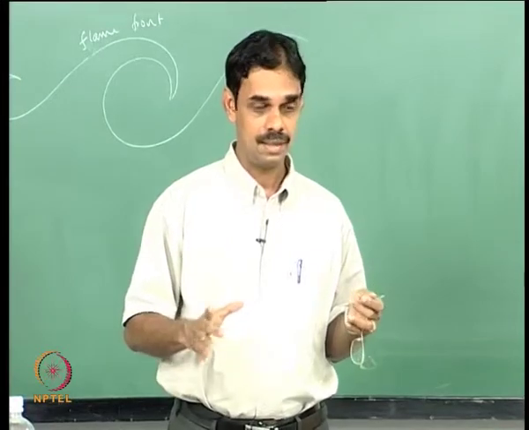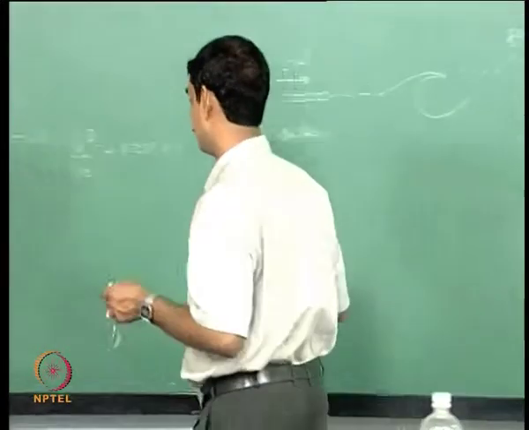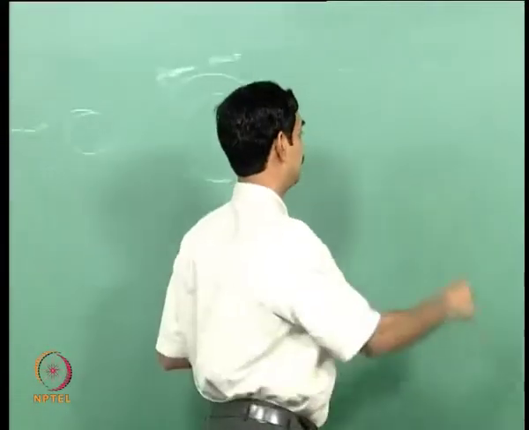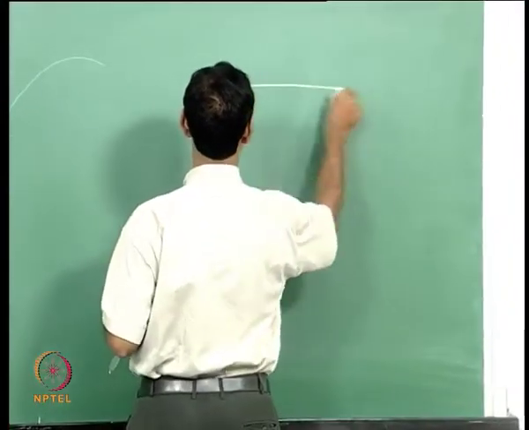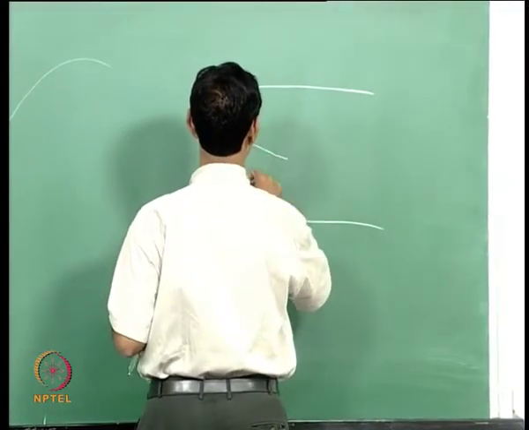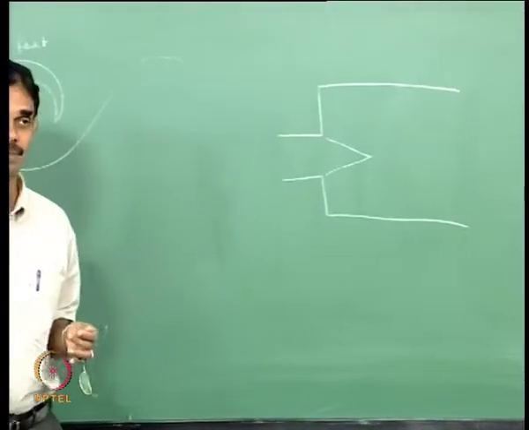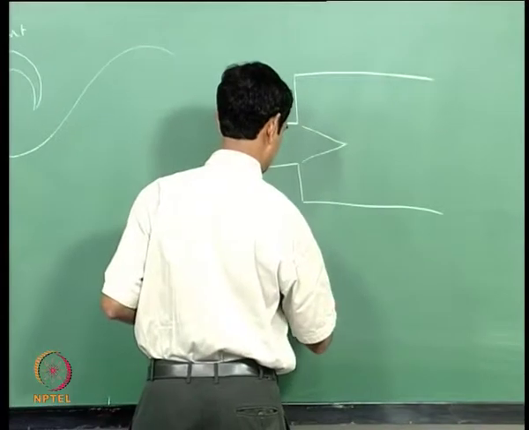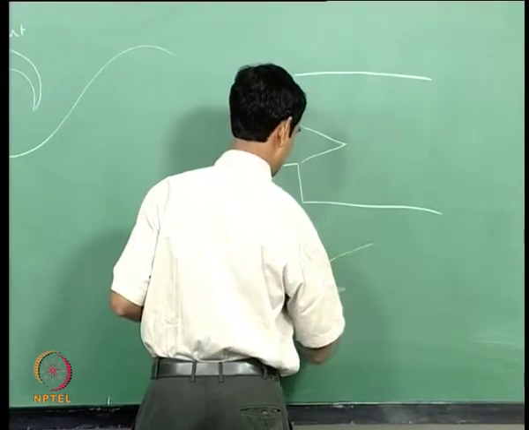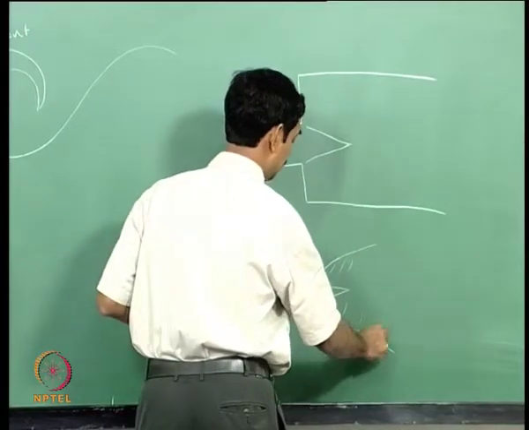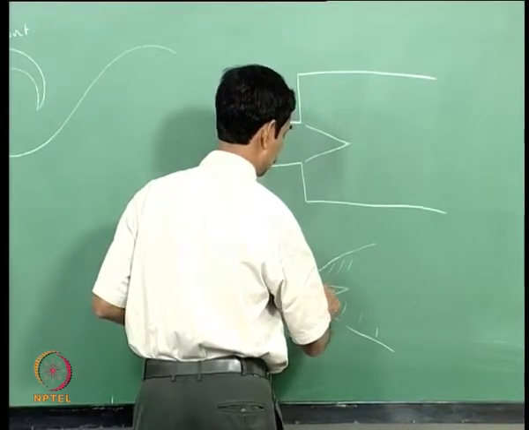It's not like we are often tempted to think, particularly because of the pictures drawn in undergraduate textbooks, that there is a flame like this, and when you have a jet, you tend to think that the jet has a core and there is an entrainment region and a mixing region.